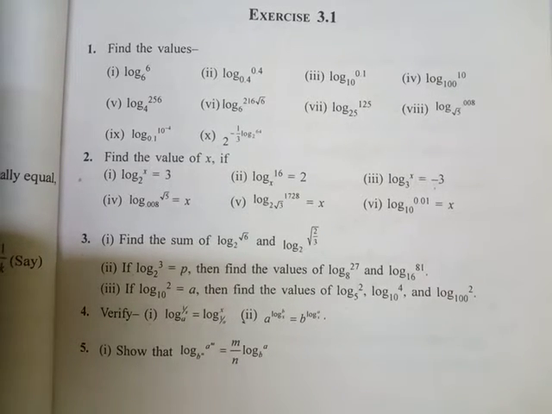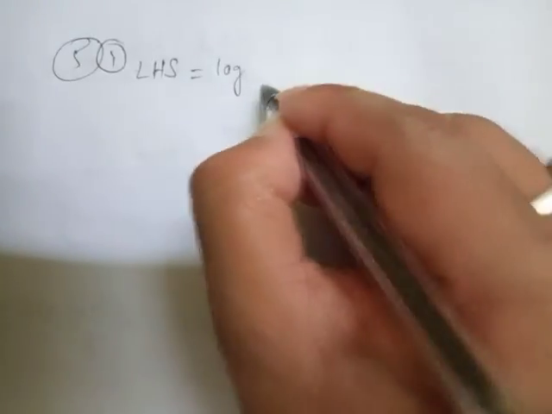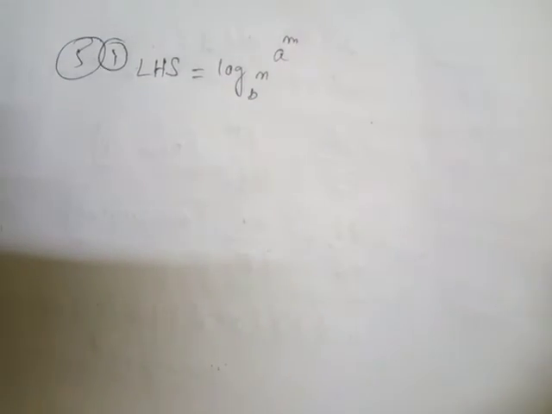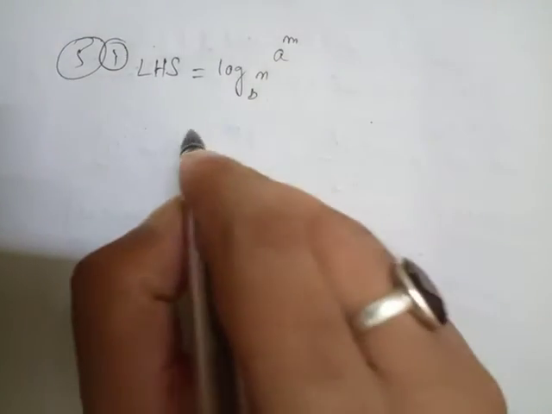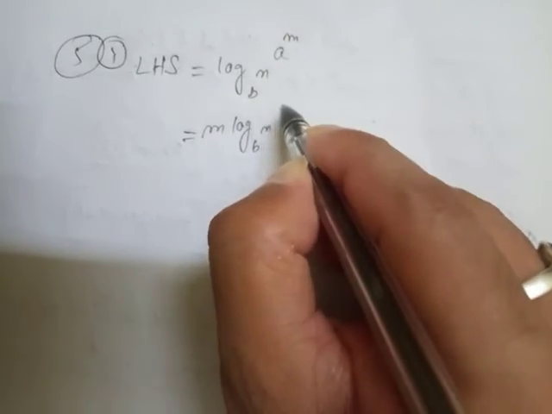Question number 5, part 1. Now look here, student, the LHS, left hand side, is log base b^n of a^m. Now the formula is log base a of m^p equals p times log base a of m. This base a equals b to the power n.